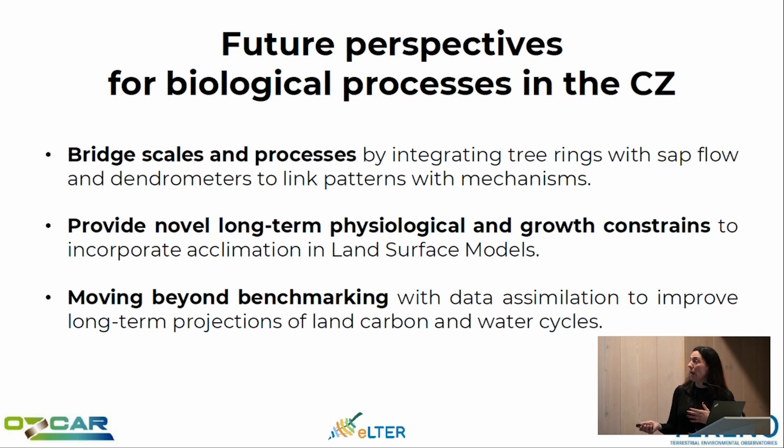Then we already provide long-term physiological and growth constraints that could help to incorporate these acclimation processes into the models, or at least to rethink how to organize the plant functional types so it matches this capacity of the trees. And then, of course, moving beyond benchmarking, we can use this data for data assimilation and hopefully reduce uncertainty in the projections of the land carbon and water cycles.